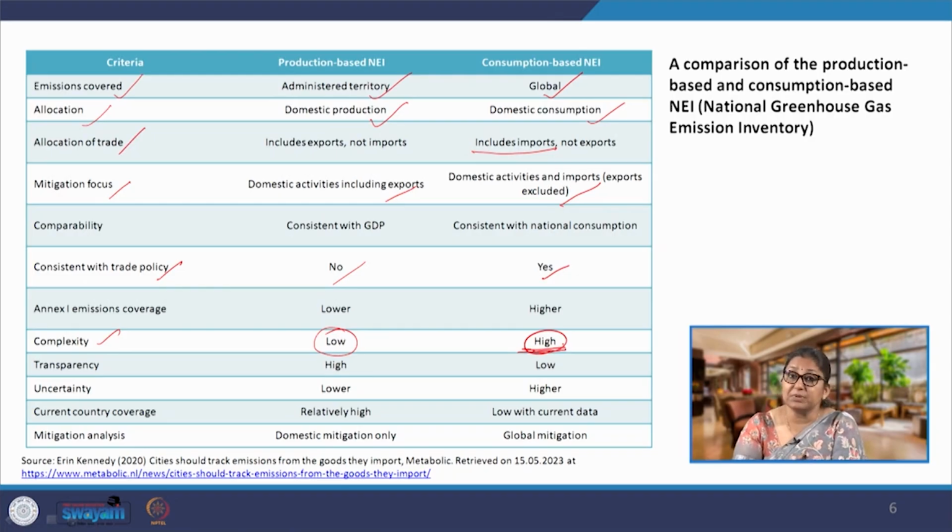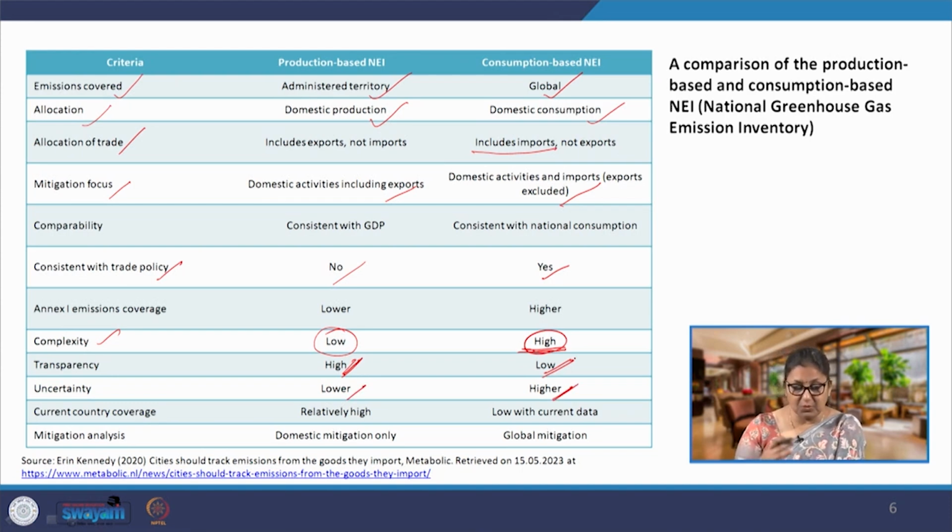Also looking at transparency, production based emission accounting has much higher transparency because there is greater control and it is easier to account for, while in case of consumption based it is much lower. And similarly, because the transparency and trust is higher, the uncertainties are lower in production based, while in consumption based the uncertainties are much higher.